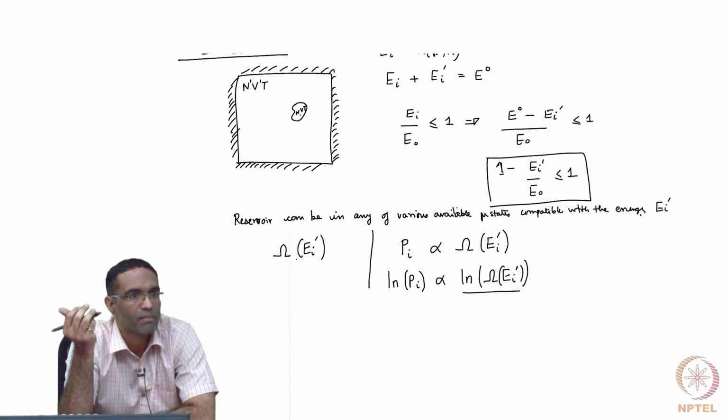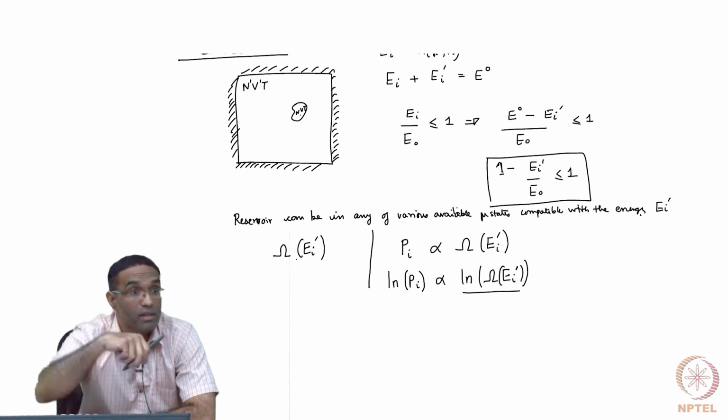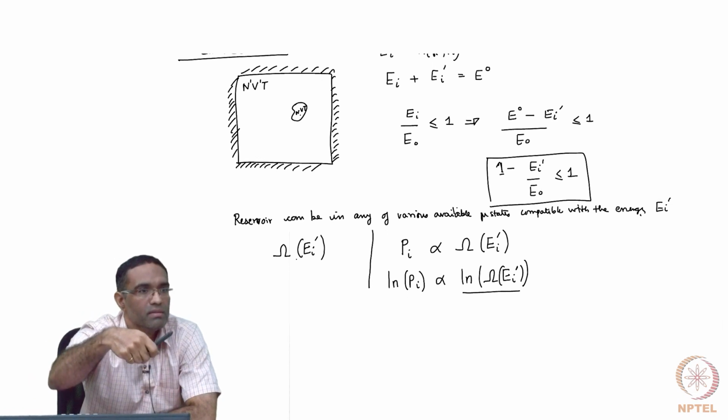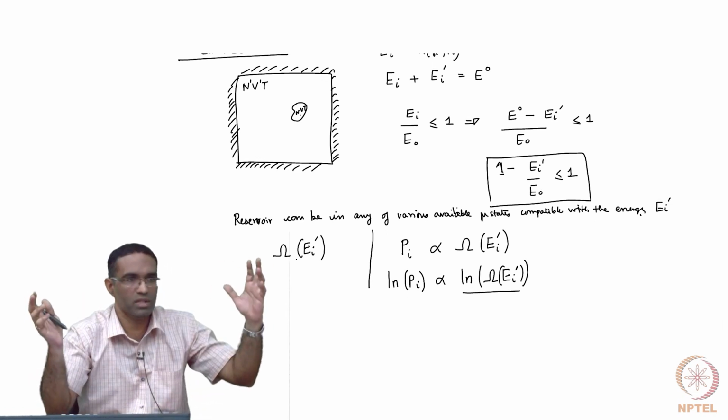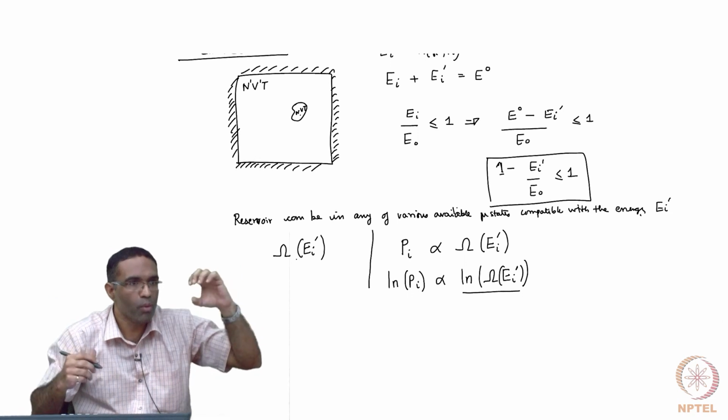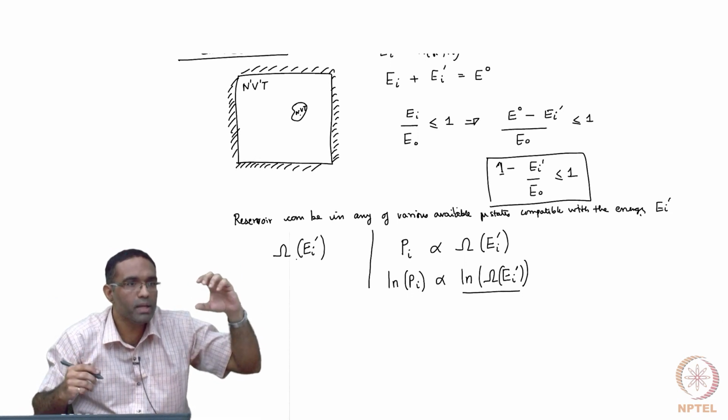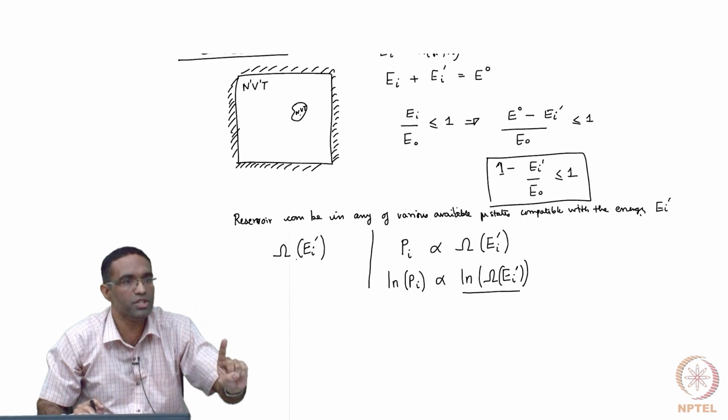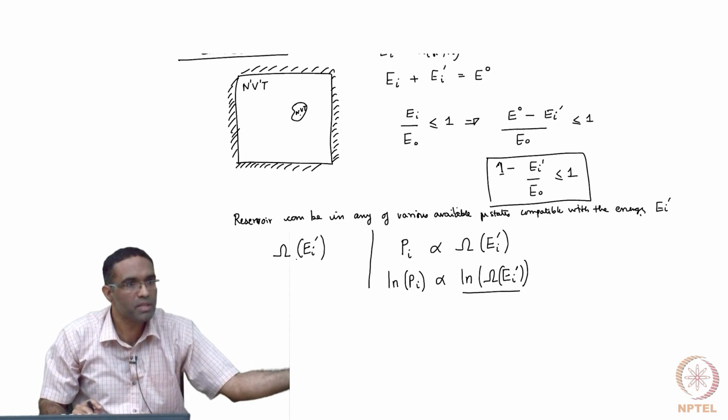E naught is a constant. The greater the probability that the reservoir is in the energy EI prime, the greater the probability that the system is in energy what?